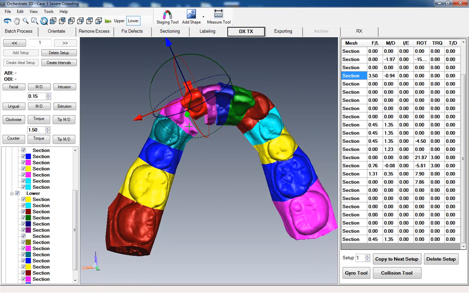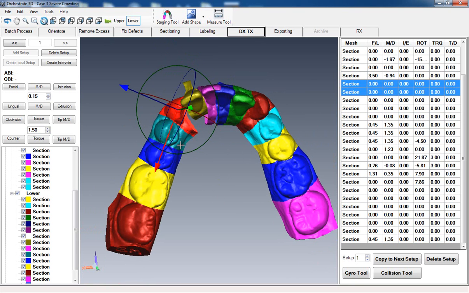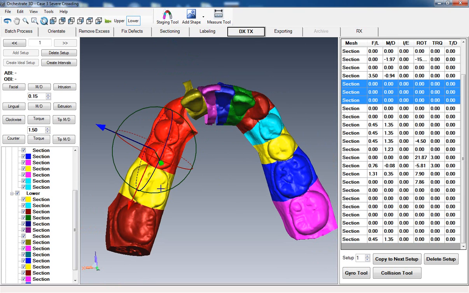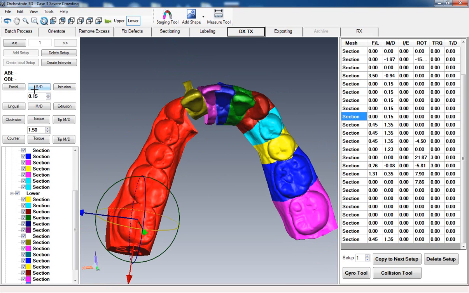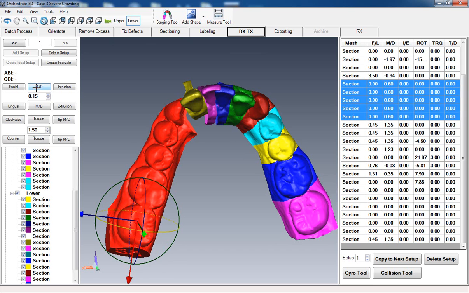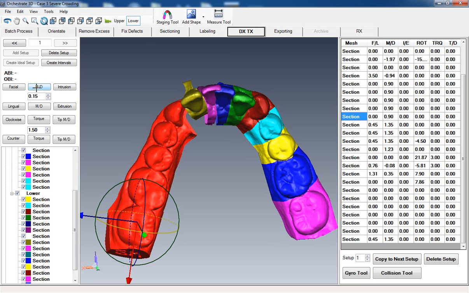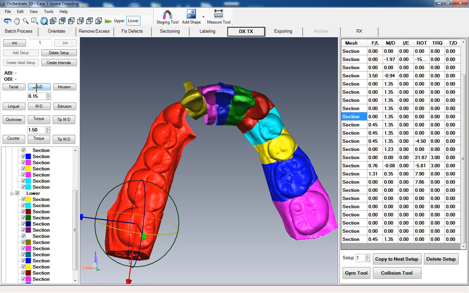And again, see, we can now distalize this entire segment here. And I'm just going to distalize until we get the small space. Okay, almost there.